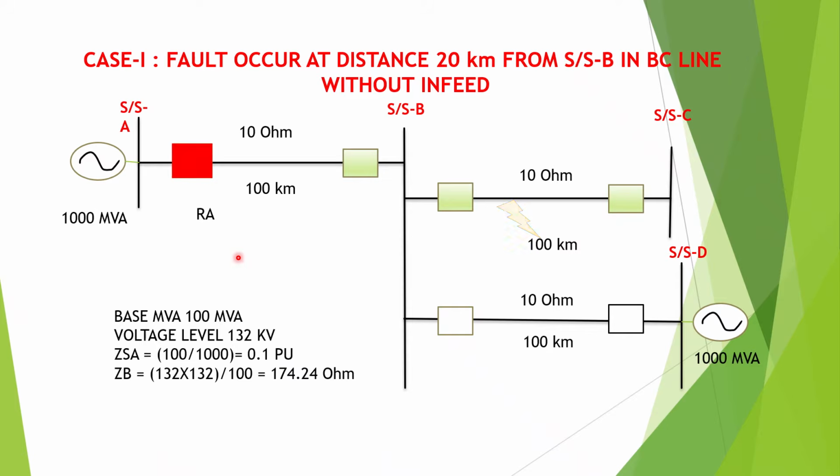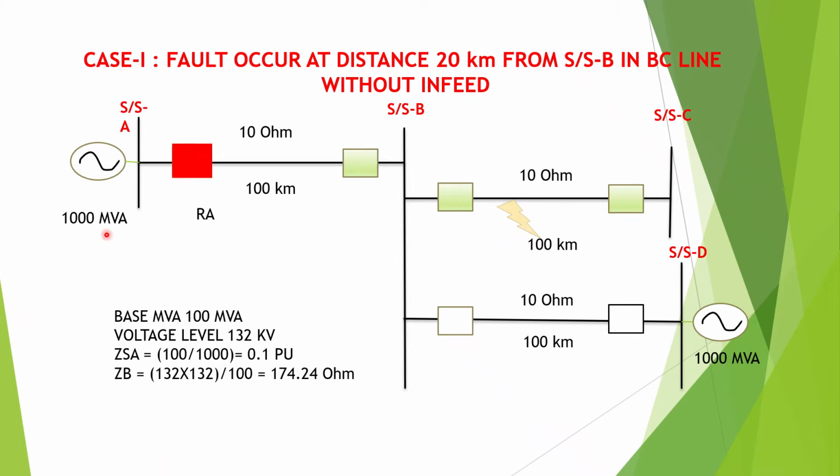So it is a 132 kV system I have shown. Now fault MVA at substation A end is 1000 MVA, and for substation D end also 1000 MVA. Since this line is switched off, this line is not required for calculation of fault current at this point.